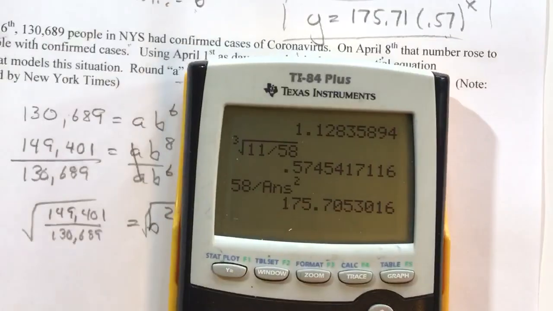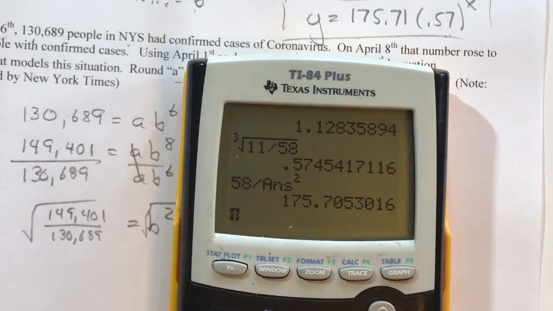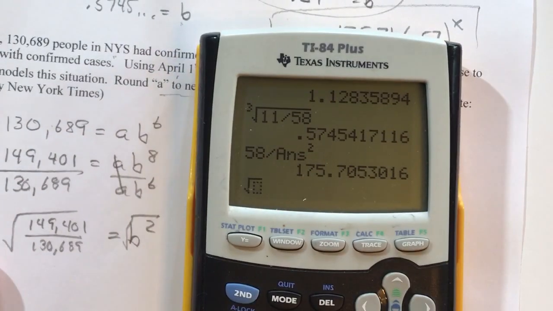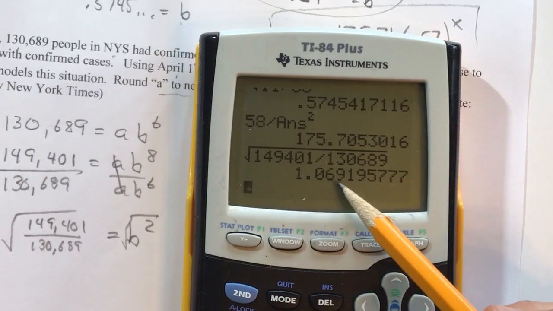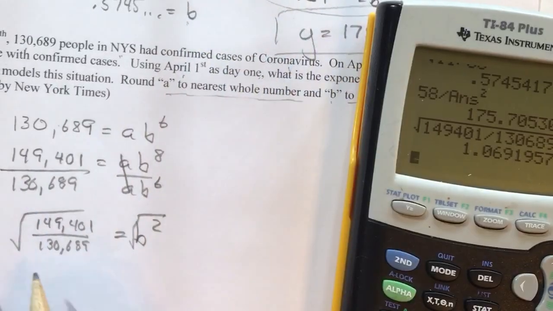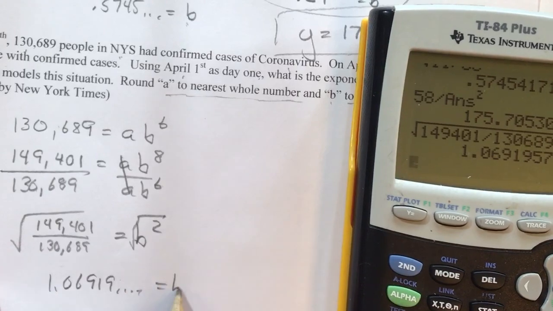Got the square root button there. Square root of 149,401 divided by 130,689. We're going to write that all out. 1.06919, and we'll leave the whole thing in there again.